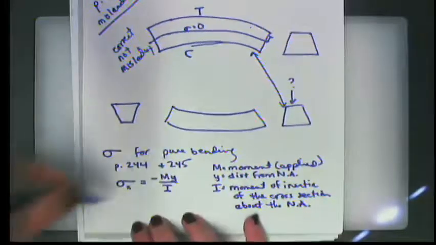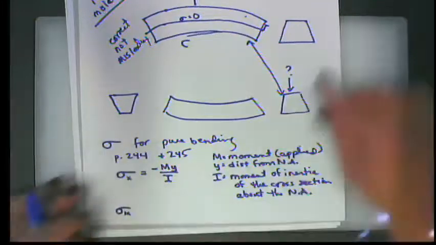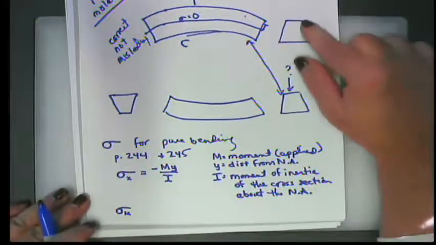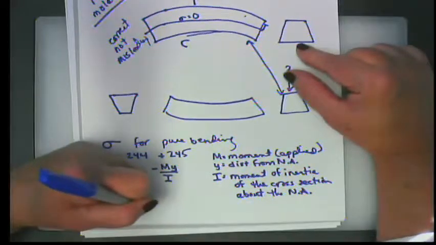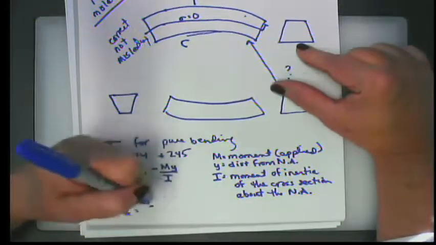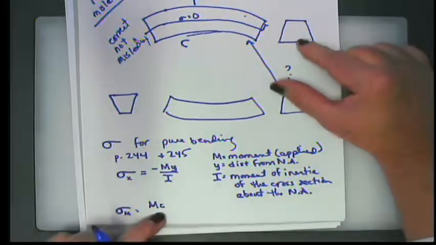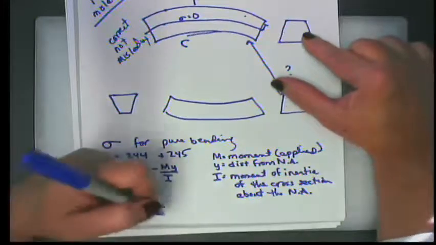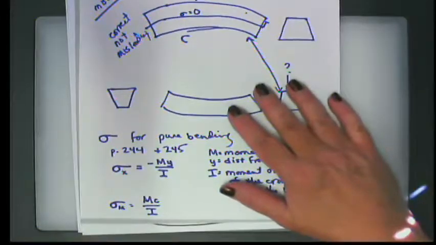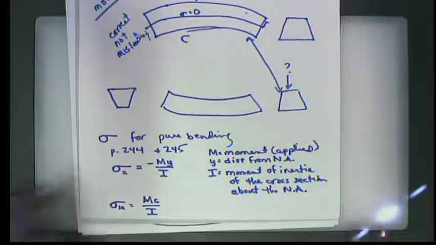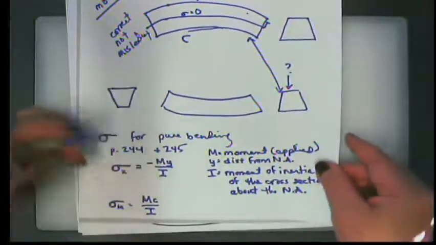Now, there's also sigma max. If you look at this, sigma max is going to occur at the top and at the bottom. And sigma max then is going to be the moment times that little c, which is the maximum distance from the neutral axis, over the same I. Right? So, let's talk about each of these. We know what sigma is.